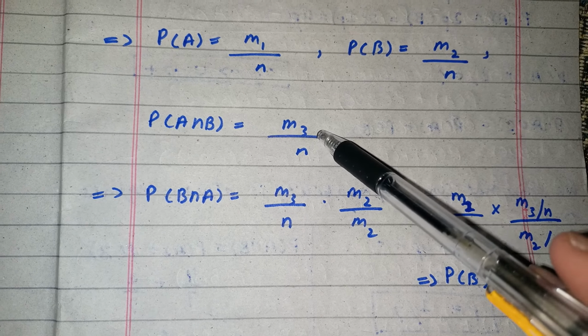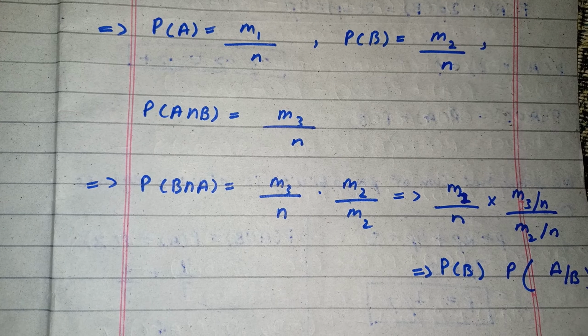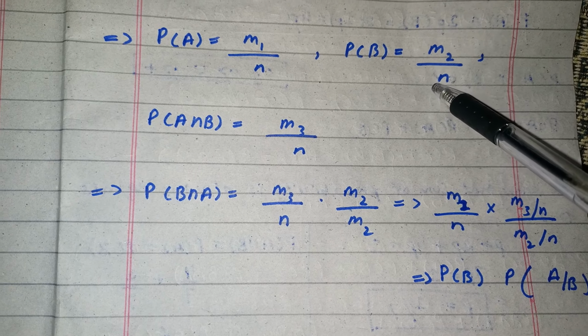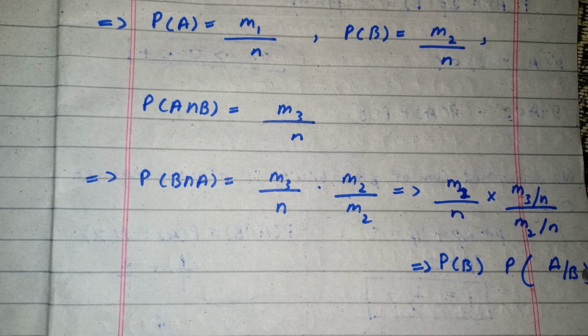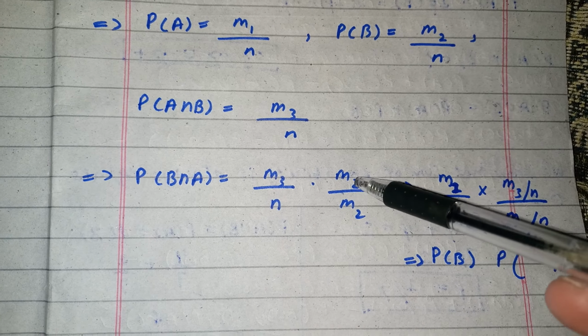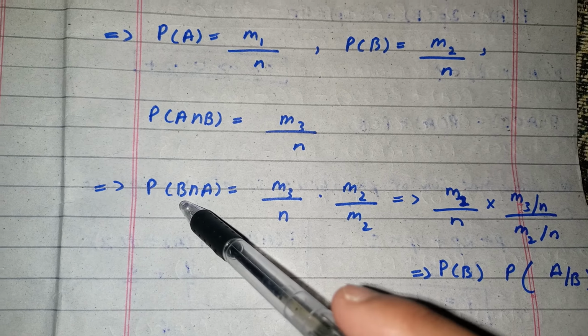But if you multiply by something else, like M1 here, we can also get A intersection B.